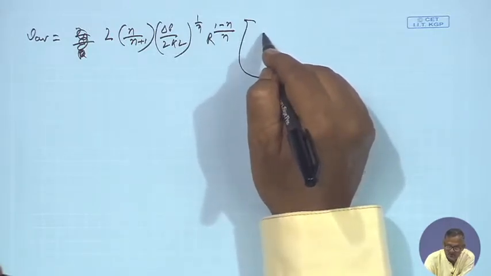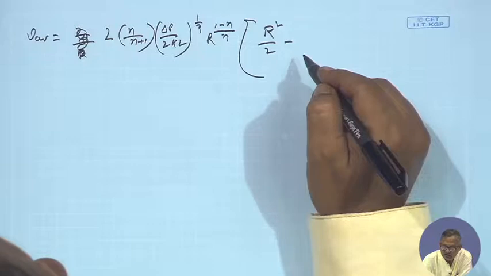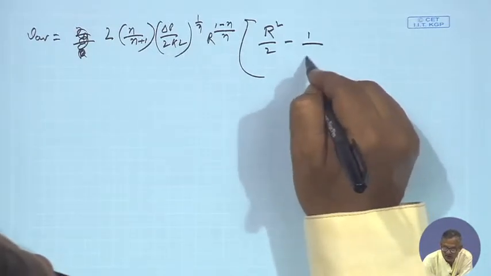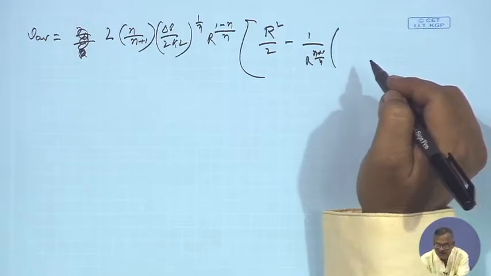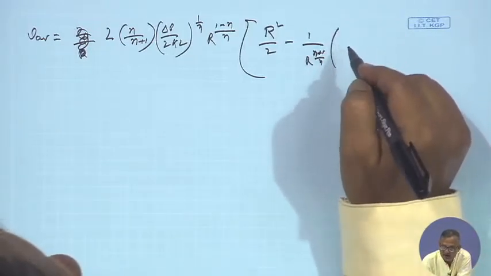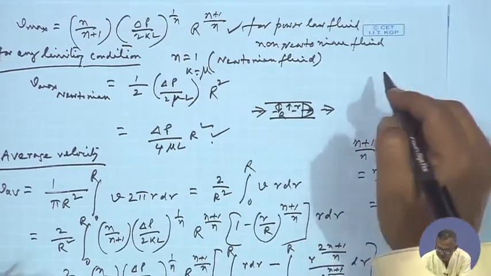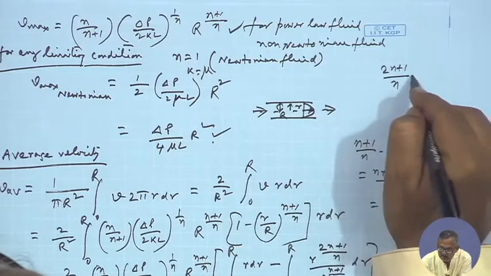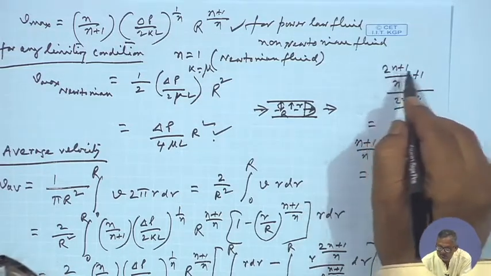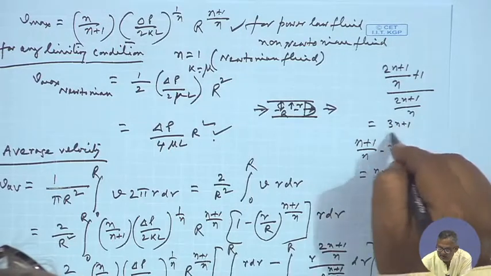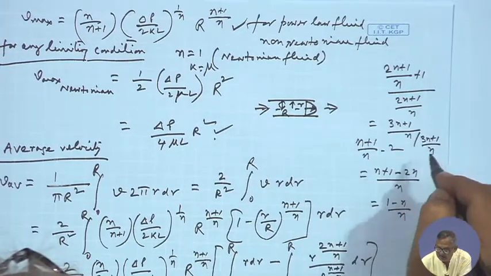So, r square by 2, minus, this is again r, that is 1 by r to the power n plus 1 by n, this remains common, and we write at r equal to r, this is r to the power 2n plus 1 by n plus 1 divided by 2n plus 1 by n, that means this becomes 2n plus n, so 3n plus 1 divided by n, divided by 3n plus 1 by n, right.